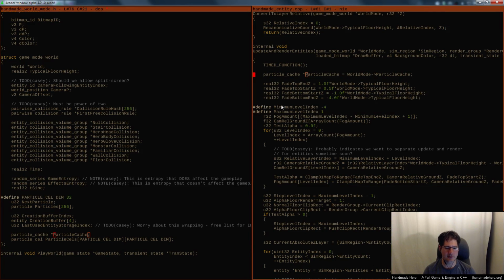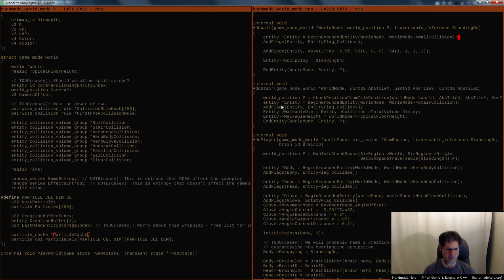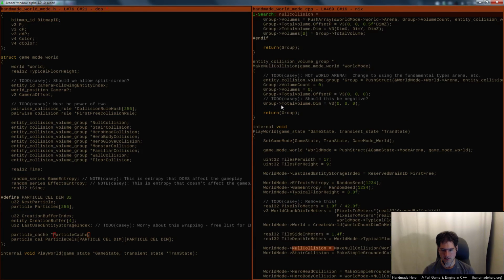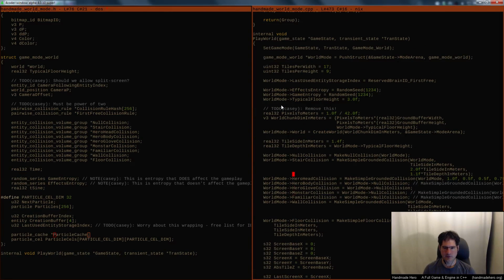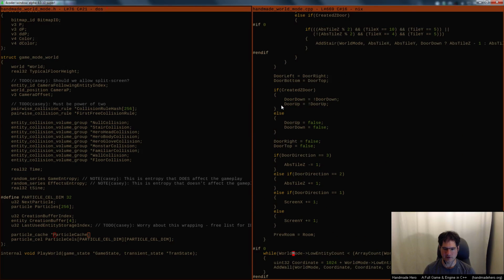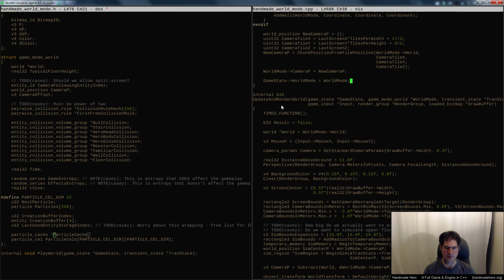So I think what I may do is say that in game mode world, when things are getting initialized in here, once we do all this initialization, I'm going to also initialize those particle systems.